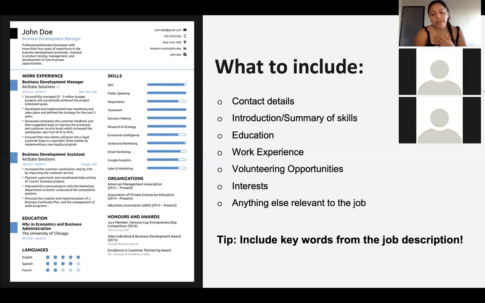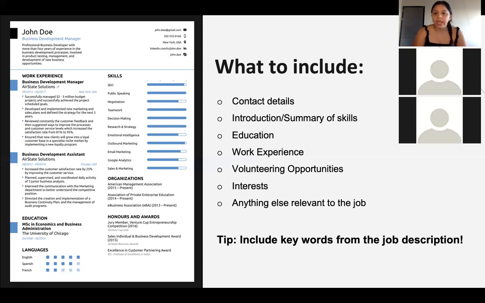Sometimes you're going to add honors and awards. I didn't put it in the list as a thing because sometimes we don't have those, but it is good to put any award that you got. You can put it there, and anything else relevant to the job.